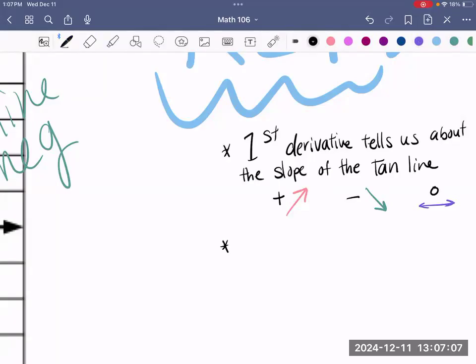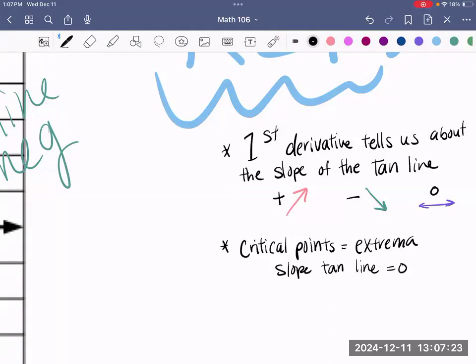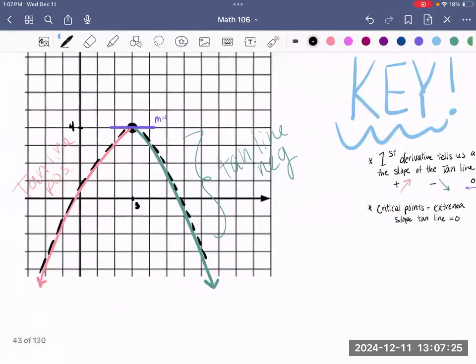That's the first thing. Critical points are equal to extrema, a max or a min. This is when the slope of the tangent line is equal to 0. That would be right here. We have a critical point.